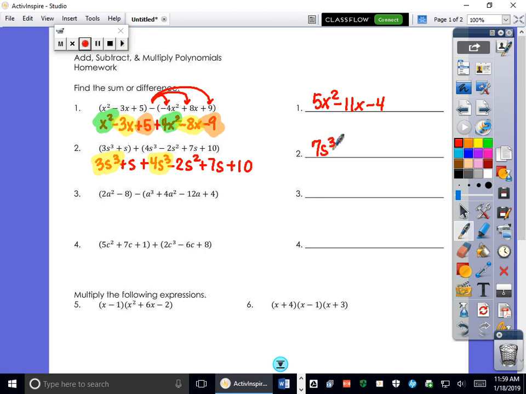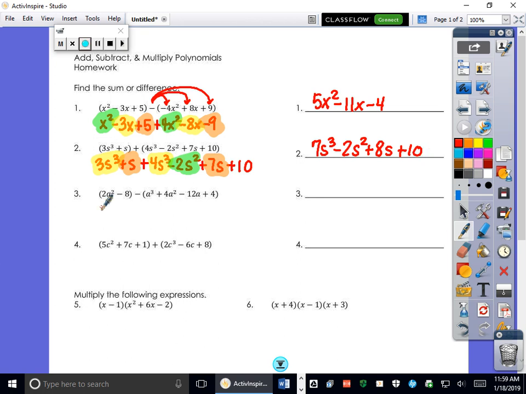You don't do anything with the exponent, leave it the same. We have negative 2s squared, which is the only thing there, so we're going to have minus 2s squared. We have 1s and 7s, which make 8s. And we have 10. It's just by itself.